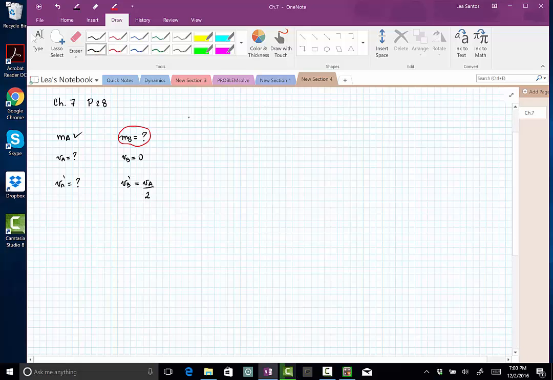How are we going to solve this? We know this is an elastic head-on collision, so I can play with two equations. I can play with the conservation of momentum, so MA VA plus MB VB equals MA VA prime plus MB VB prime. We know that this equation comes from action and reaction.